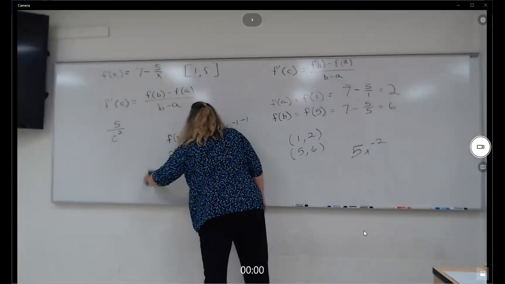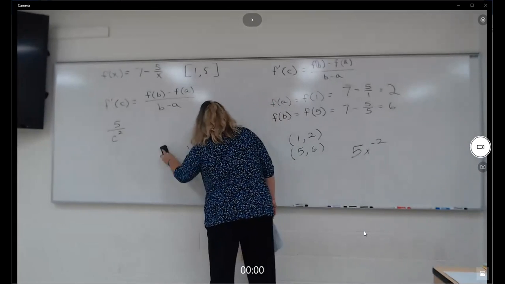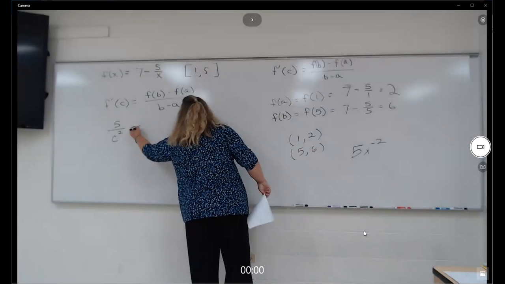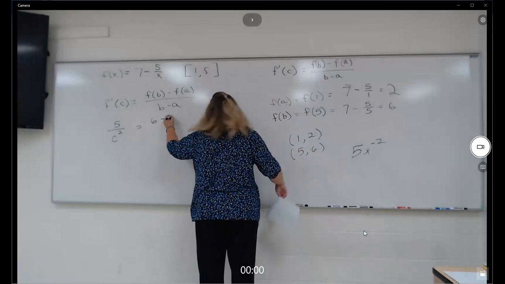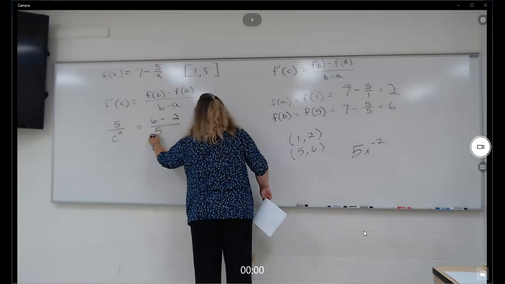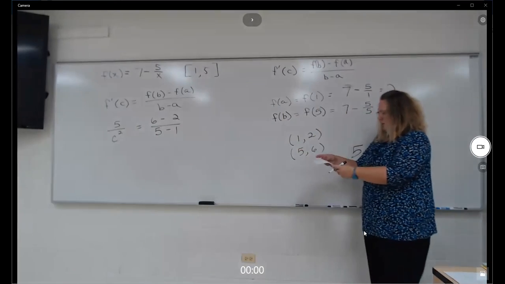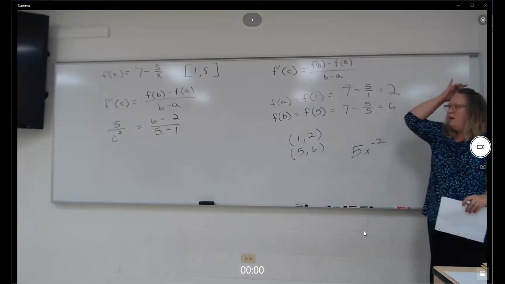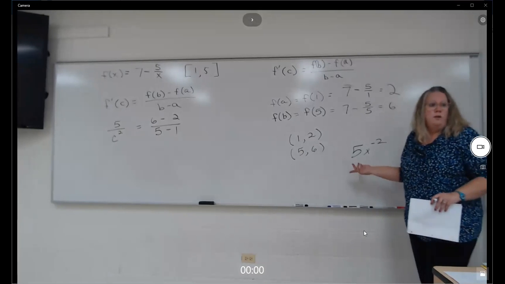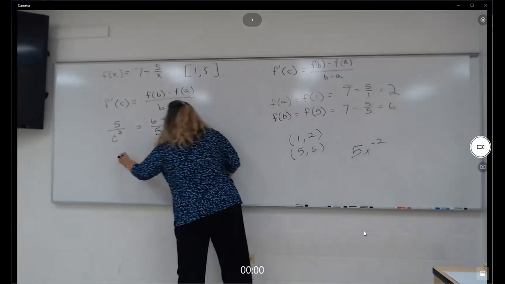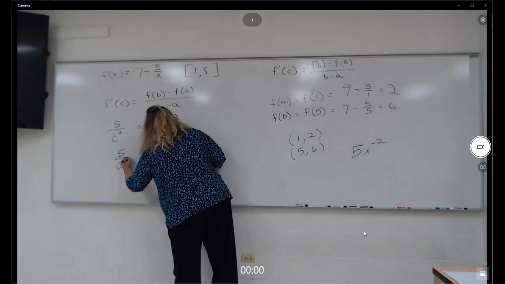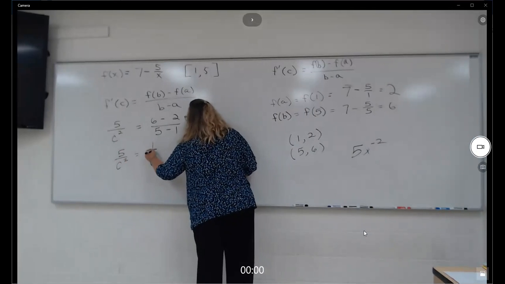Okay, so now let's do y2 minus y1 over x2 minus x1. I got my points here. Oh, that's not nice. So that's 4 over 4, which is 1. So we can do this as 5 over c squared, and then 4 over 4. I might write this as 1 over 1.